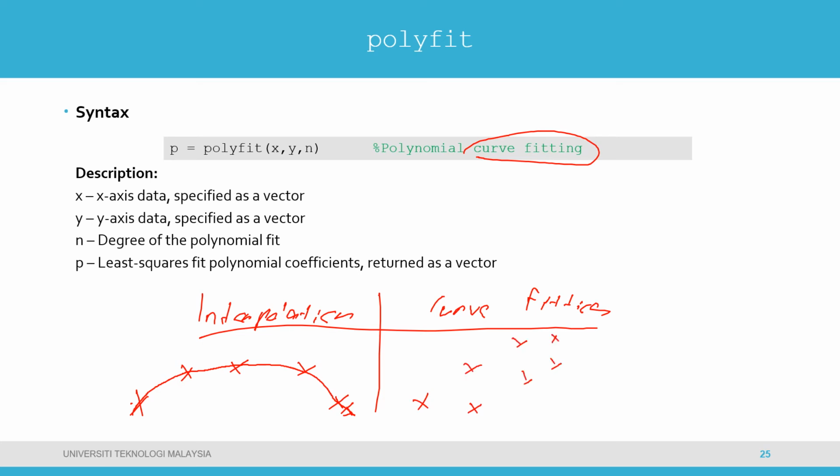For example, something like this, and if you choose a linear equation, y equals mx plus c, you try to find the best linear equation that can produce a minimum error.